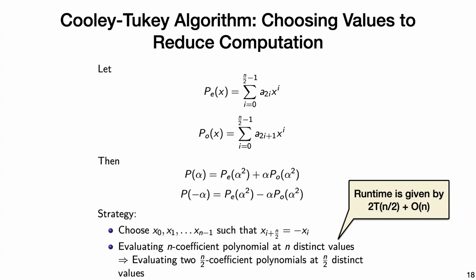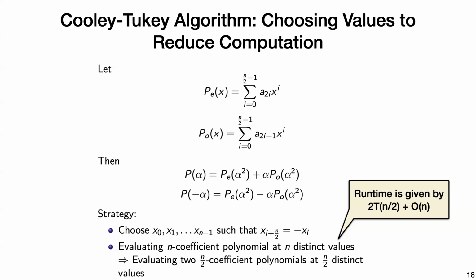And if you evaluate it at negative alpha, it's basically the same, but with minus instead of plus between them. So if you had this and that, then you can avoid any recomputation for this part. So the high-level strategy is we need to evaluate p at n points. You choose the first half as distinct points, and the second half as the negatives of those.